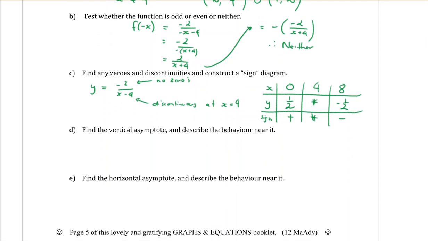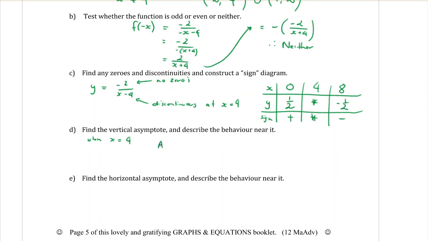Now we're going to use that to help us with the next little bit. Part D says, find the vertical asymptote and describe its behavior around it. That vertical asymptote is at x equals 4. Okay, so when x equals 4, there's my asymptote, but I want to be a little bit more specific now about what is happening around that asymptote.